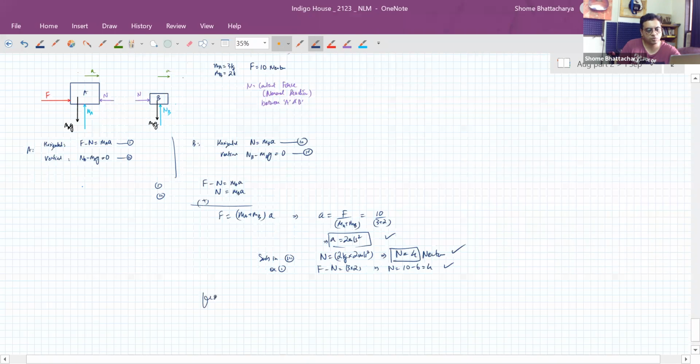So from equation 2 and equation 4 above, you can see that this is equal to 30 newtons. And the normal reaction due to the ground on B is equal to its weight, so that's 20 newtons. So that completes all the variables which we've been asked in this problem.